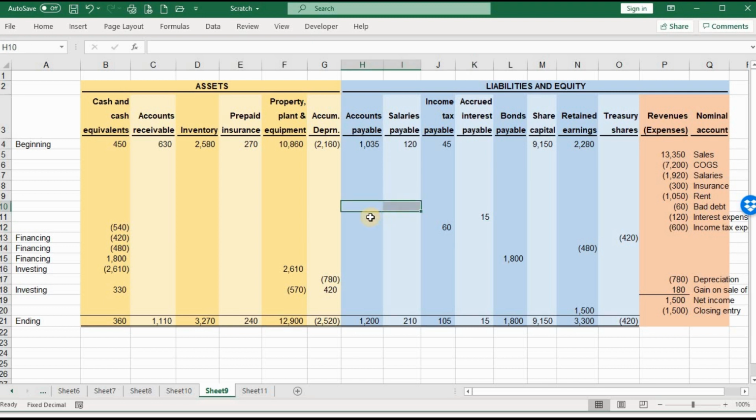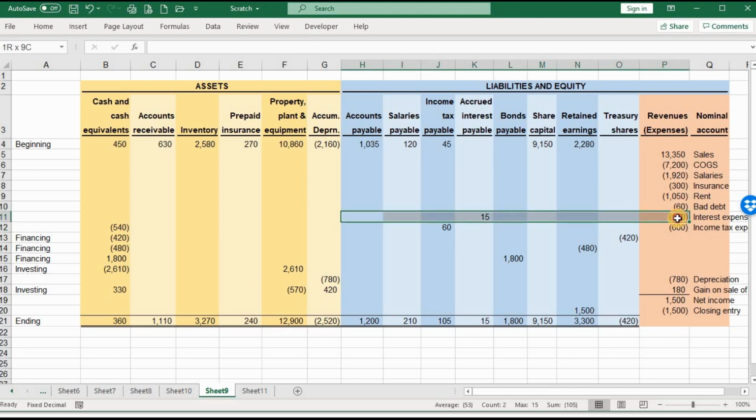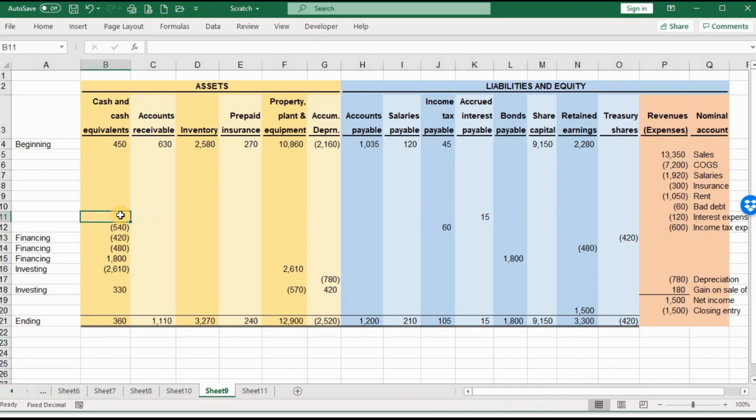So on the right side, to maintain the equality, we have a total of negative 105, or the difference of 120 and 15. So the left side must also have a negative 105 balance, and that will be under the column of cash and cash equivalents. So the negative 105 pertains to the payment of interest.